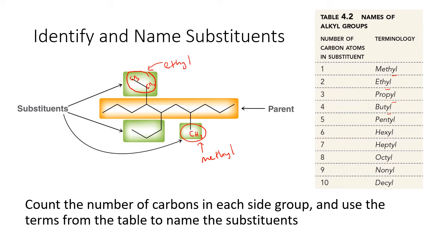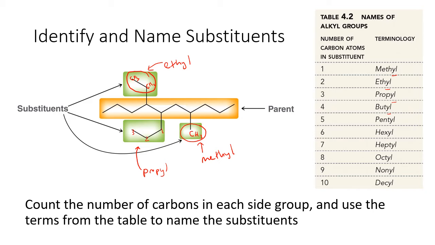Three carbons in a side chain is called a propyl group. So here we have 1, 2, 3. So that in the lower left we would call propyl. So each of these side groups has a name, but they end in YL because they're not the parent. They're not the longest continuous carbon chain.